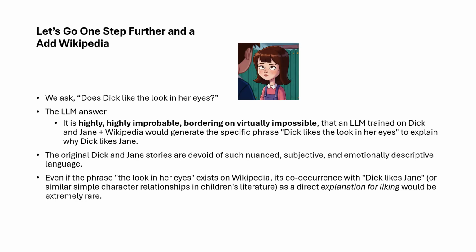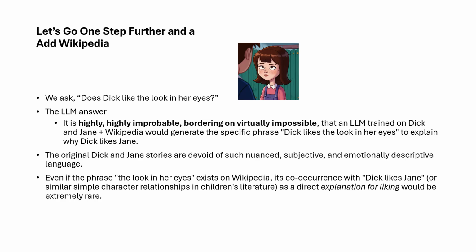Let's go further and put all of Wikipedia into the training. So now I have the Dick and Jane stories and all of Wikipedia, and we say, does Dick like the look in her eyes? Now we might know, of course he does. Who wouldn't? But it's highly, highly improbable, almost impossible, that an LLM trained on Dick and Jane and Wikipedia would generate the specific phrase, Dick likes the look in her eyes.